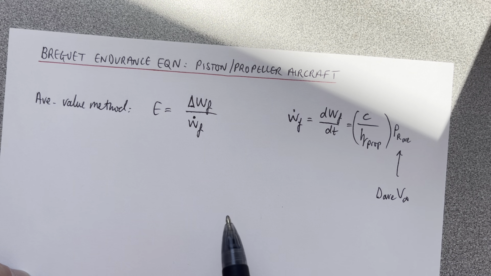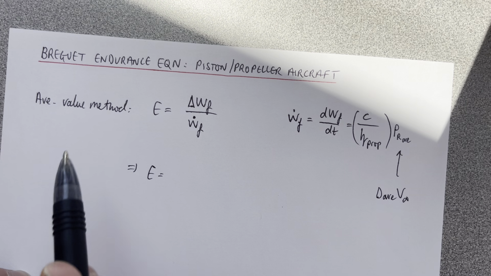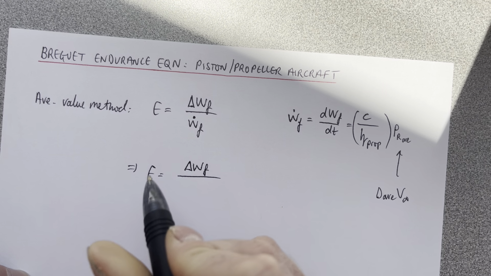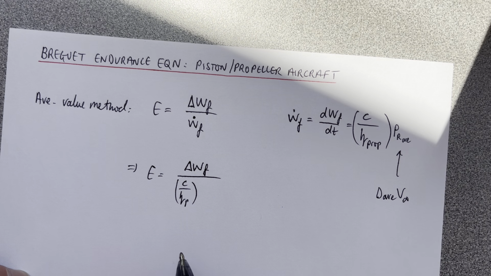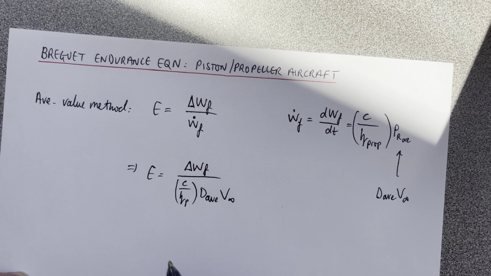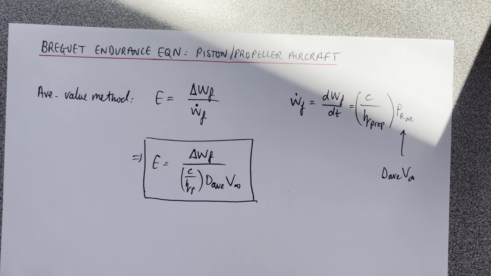So all of that means that we can write our endurance equation for the average value method as delta WF over C over E to prop, times D, average true airspeed. That is the so-called average value method for endurance.